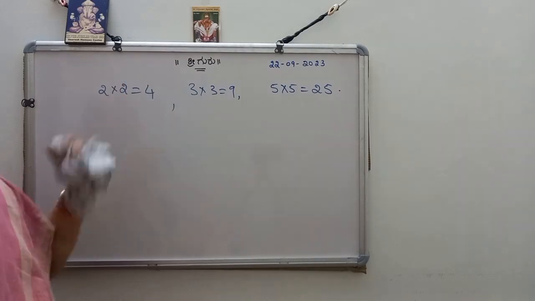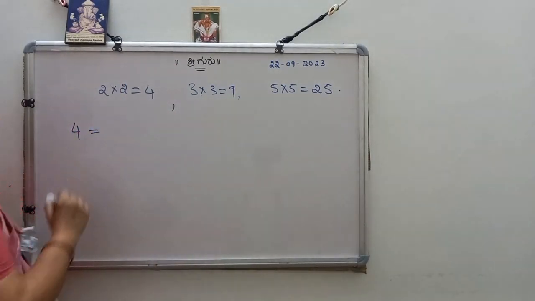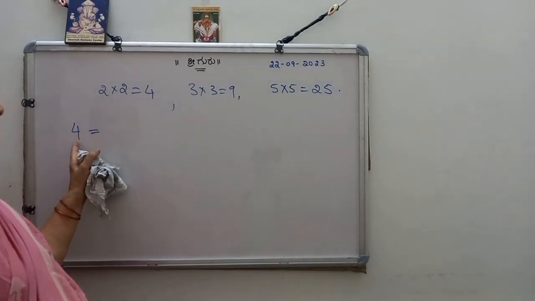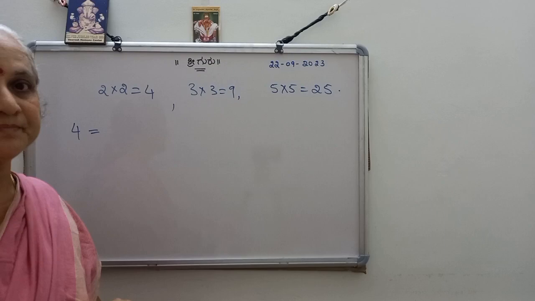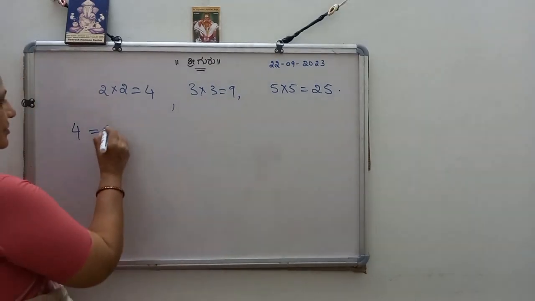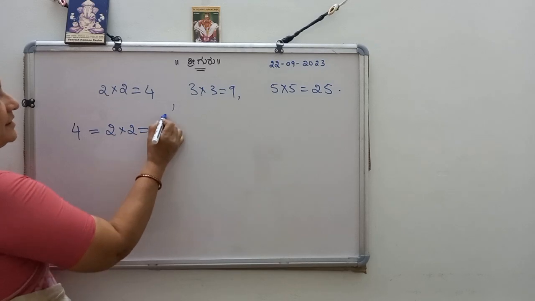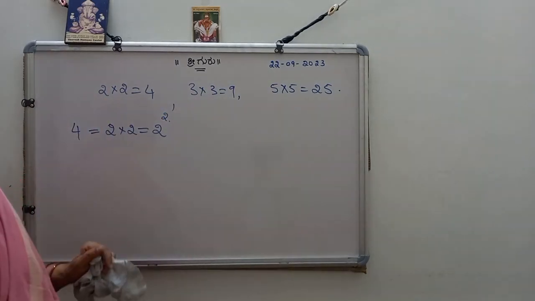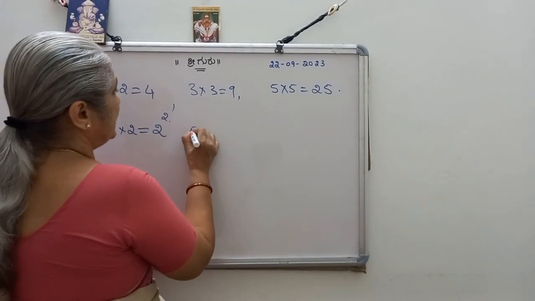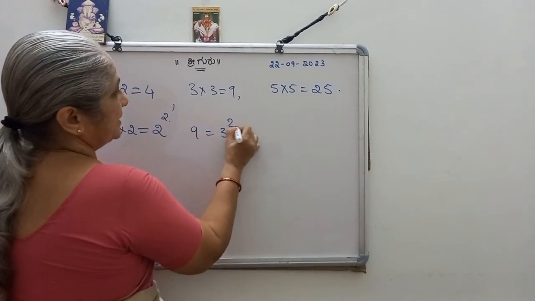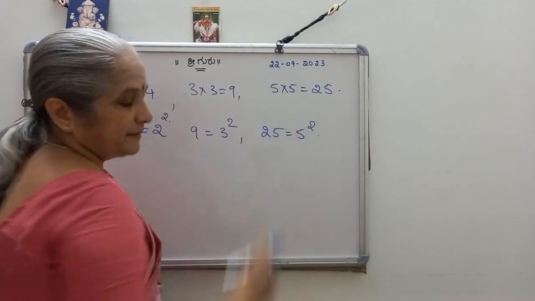And then now the reverse process. What if 4 is given? Can you write 4 as the product of same two numbers? Yes, 2 twos are 4. 2 into 2. So we can write it as 2 square. And 9 as 3 square. 25 as 5 square.